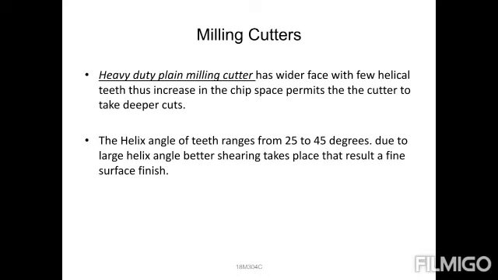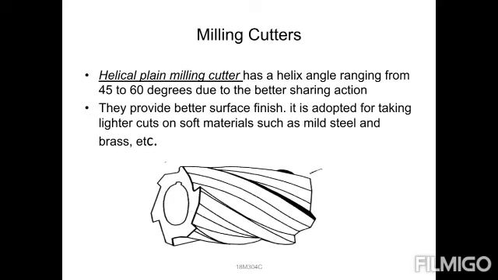The helix angle of teeth ranges from 25 to 45 degrees. Due to the large helix angle, shearing takes place that results in a fine surface finish. The surface after cutting with the help of the milling cutter, the helical angle is 25 to 45 degrees due to the large helix angle.